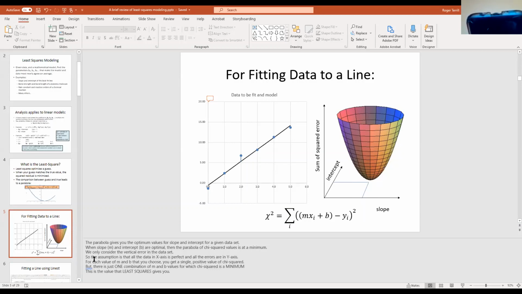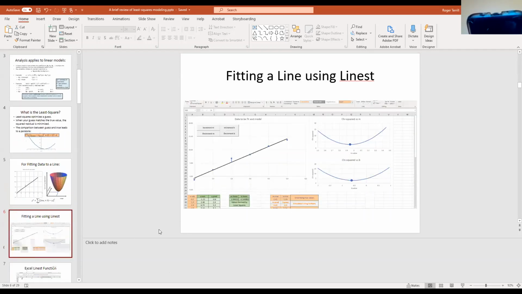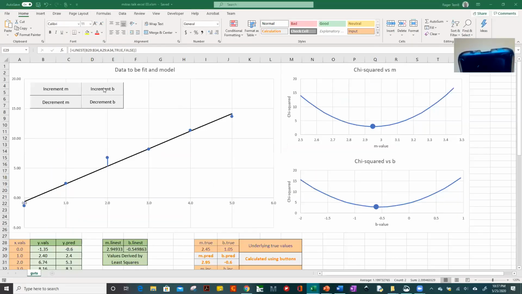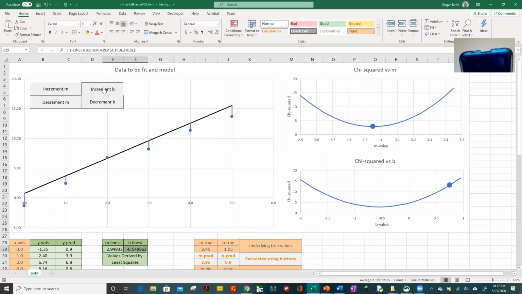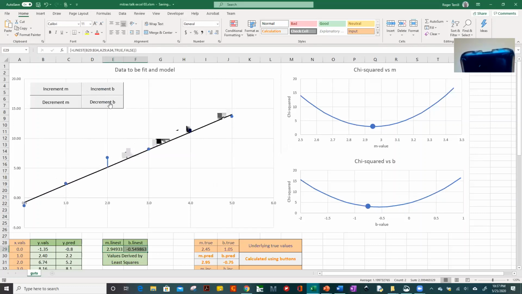And so you can see that here. Actually, we should go to, if you can do this, honey, you can go over here, and then you can show how changing the b value increases chi-squared until it hits an optimum, and then if it's too low, it increases chi-squared, right?